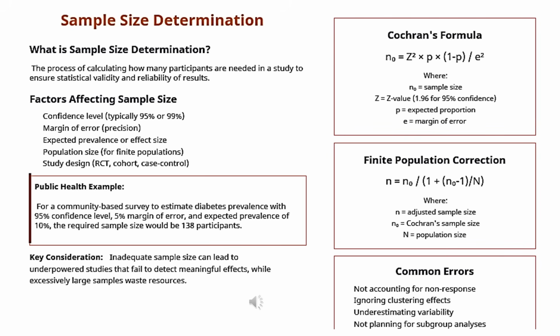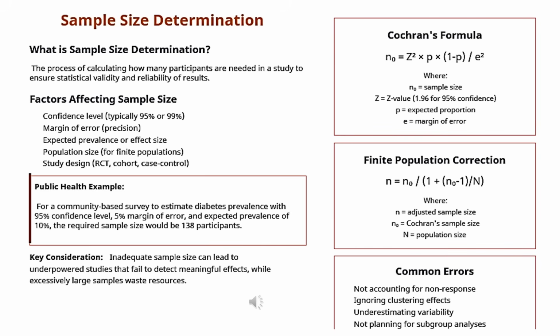An accurate sample size is crucial because it directly impacts the study's ability to detect meaningful effects and generalize findings to the broader population. So there are several key factors that influence sample size, and this will include your desired confidence level. Typically, we use the 95% or the 99% confidence level, and this indicates how confident you can be that your result reflects the true population.